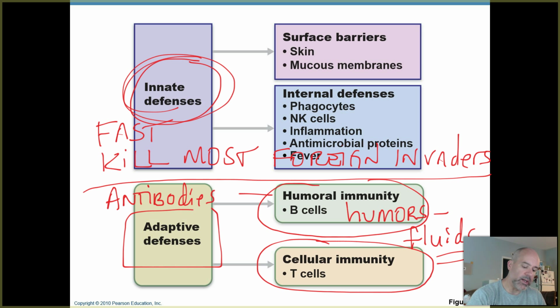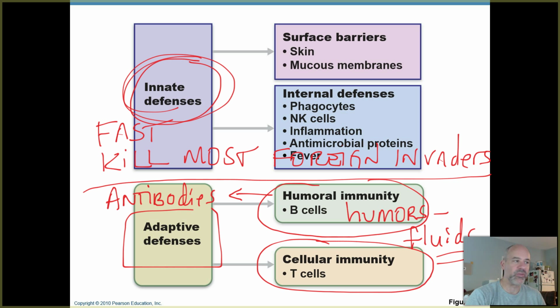Antibodies are protein weapons that this branch of your immune system, the B cell branch, manufactures that attack very specific things that are foreign to your body. Like you'll make antibodies against a particular strain of the flu, or antibodies against particular strains of salmonella bacteria, or you'll make antibodies against herpes viruses, and so forth and so on.